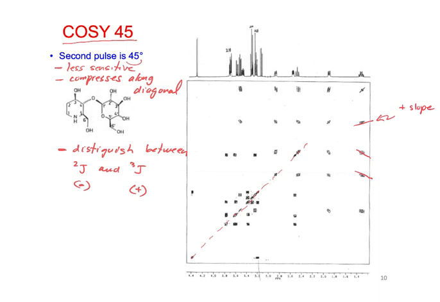And this translates to a negative J value, which means that it is a 2-bond coupling constant.